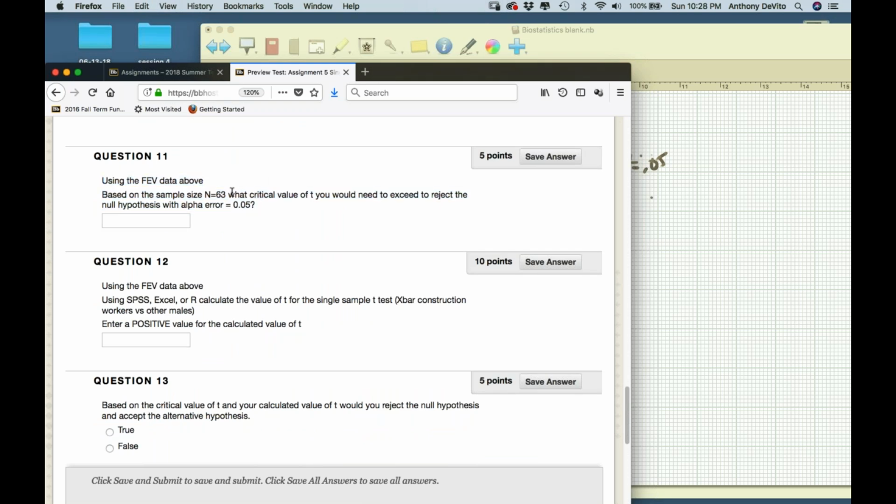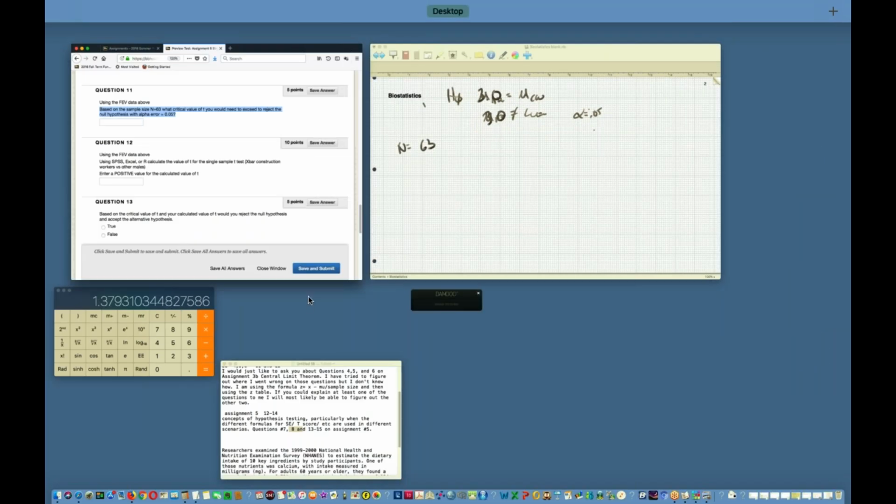Well, for a sample size of 63, it's asking you what the critical value of t would be. It's not even asking you to do a calculation yet, is it?